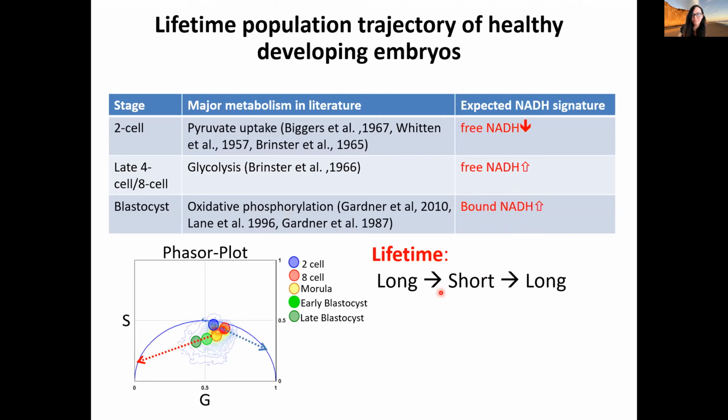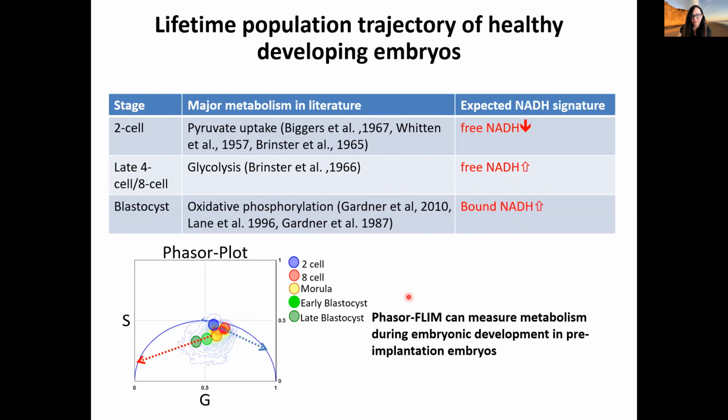So the lifetime actually correlates with the signatures that were done in the biochemical assays, where we see a long lifetime, a shortening of the lifetime, and then it gets long again. So we are very excited to see that our FLIM signature correlated with the biochemical analysis.